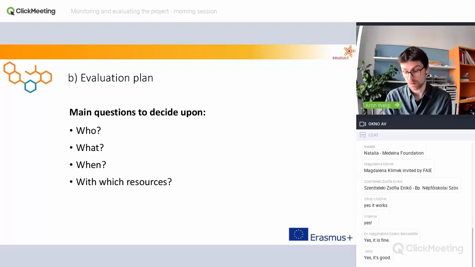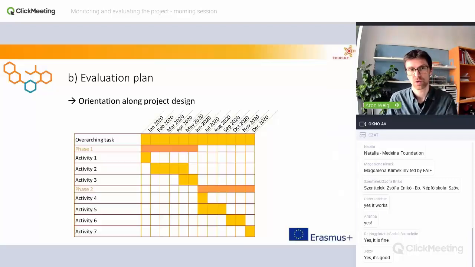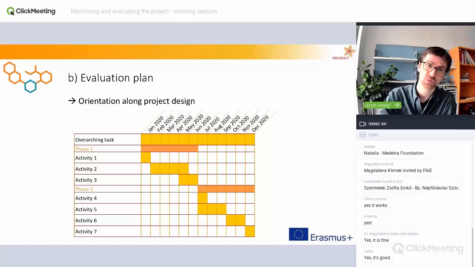And for sure, the question is when to do this evaluation. And for sure, it needs to be oriented along the project design. You have certain activities, and you have to evaluate also these activities. So the evaluation plan is very much connected to your project plan.